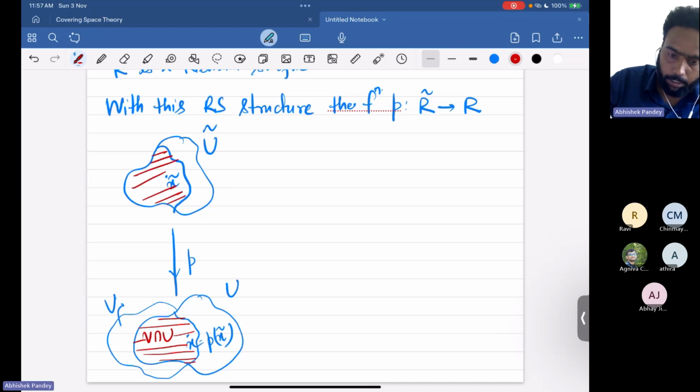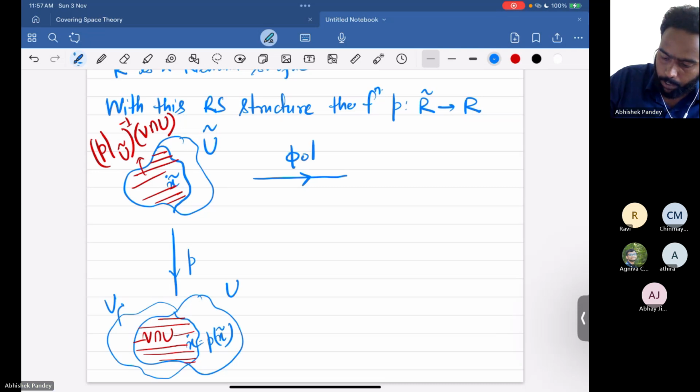That will contain X tilde. So this set is nothing but the inverse image of the intersection U under this map.